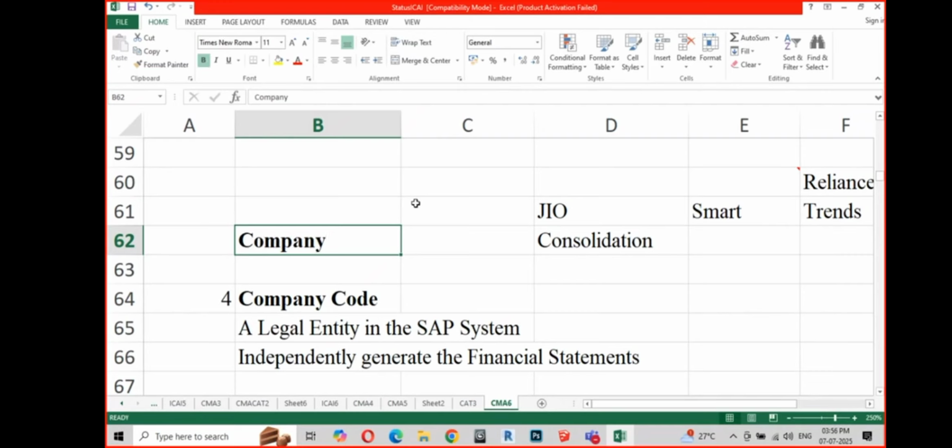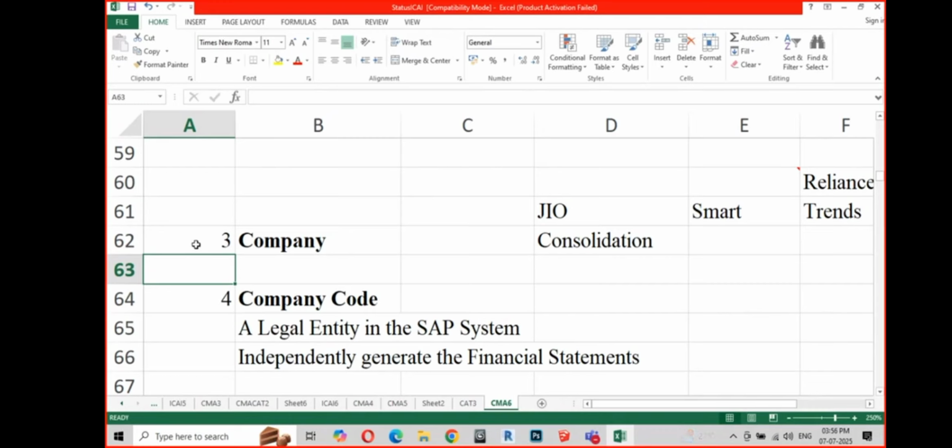It is called the company. Your parent office, your head office, or your group company is called the company. All other businesses which report back to the group company are referred to as your company codes.